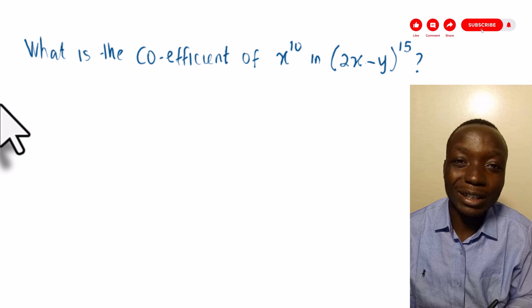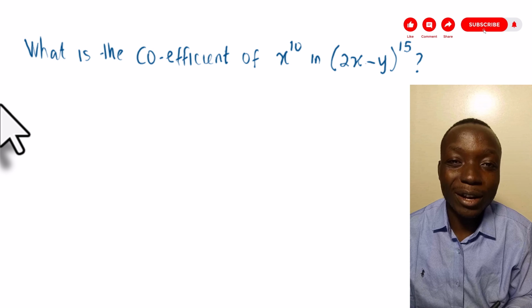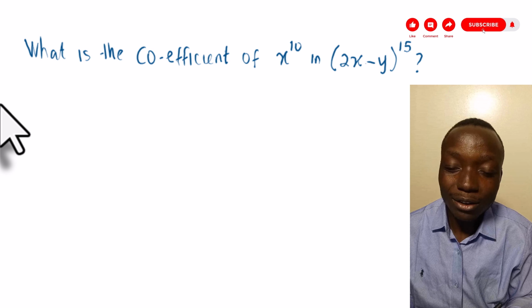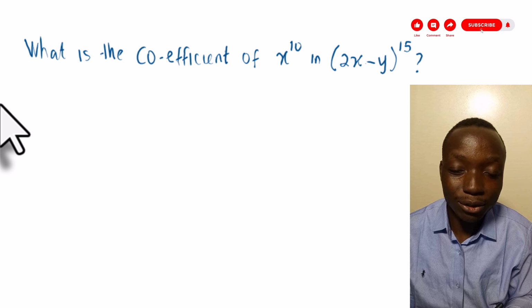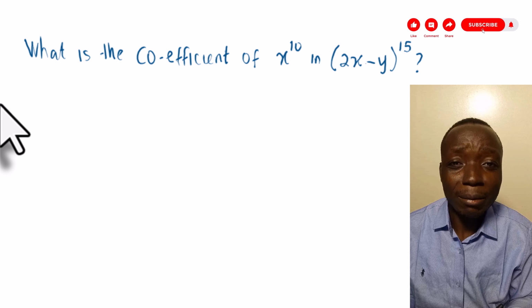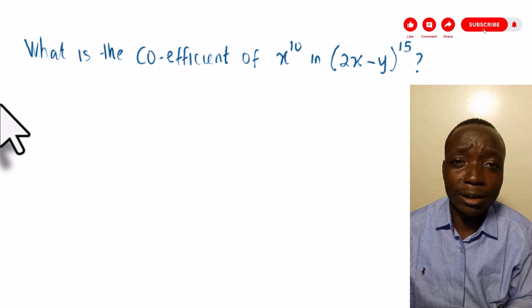You can use this to challenge your friends and see how much competency they have in expanding brackets with large exponents. What is the coefficient of x raised to power 10 in this expansion, 2x minus y all raised to power 15? Now that you've understood how to use combinatorics to expand brackets with large exponents, let me show you how to quickly fish out the coefficient of any term you want.